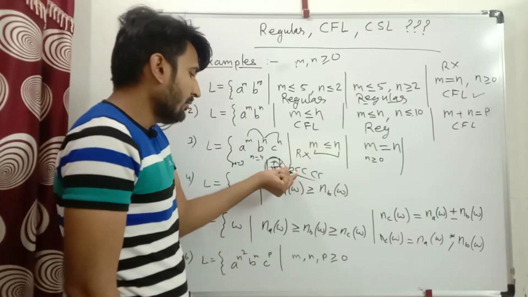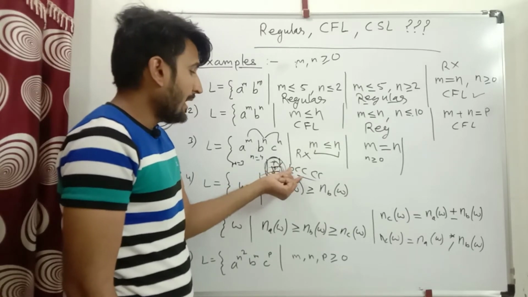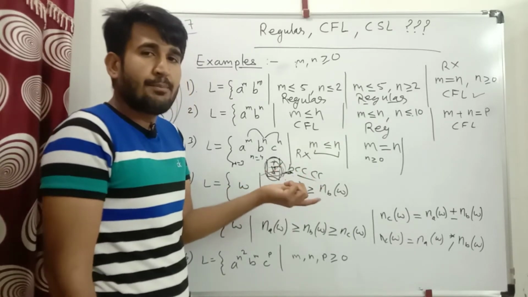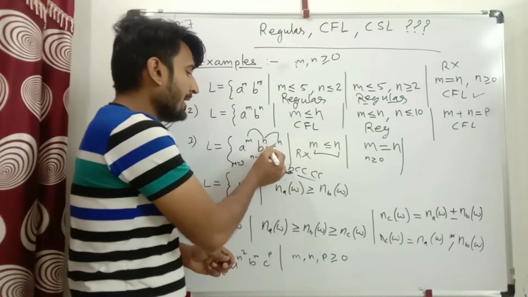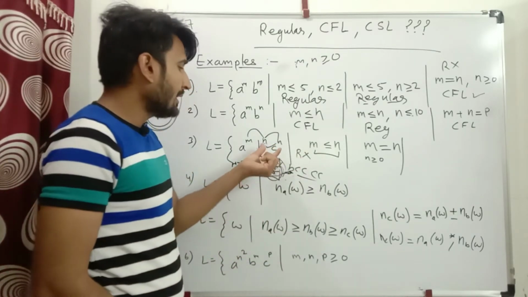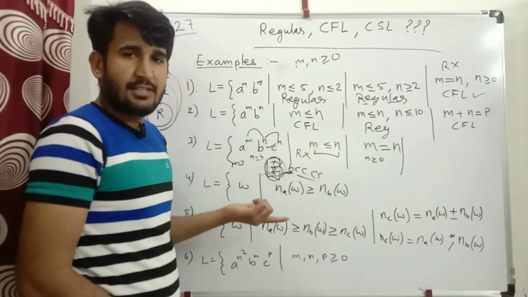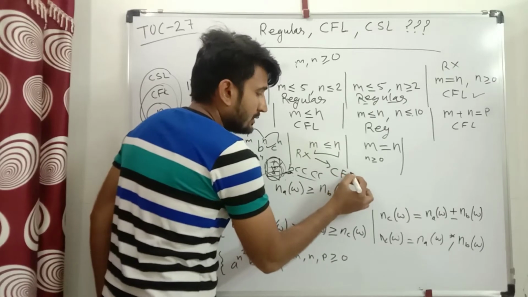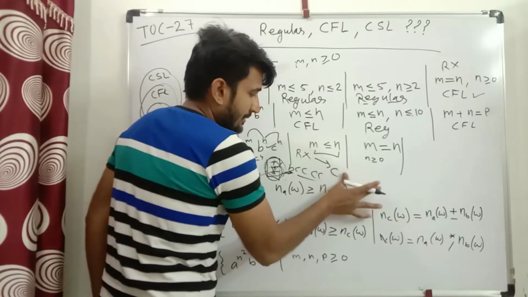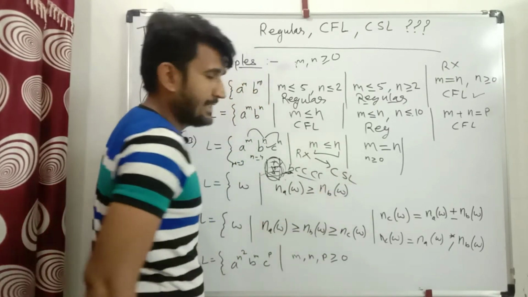Only one b is left and four c's are left. How will they be compared for equality? Because b power n and c power n are both equal, it can't be compared, so it is not CFL. It is surely CSL, because two comparisons are there.